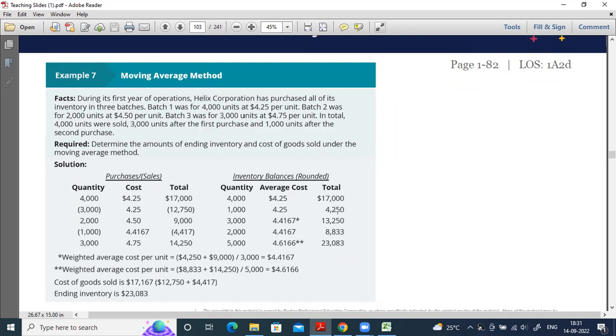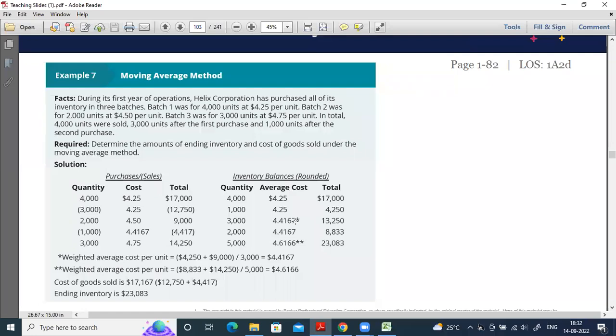In simple terms, the logic is units plus units, amount plus amount. So 1,000 plus 2,000, 3,000; 4,250 plus 9,000, 13,250. Now 13,250 divided by 3,000, you will get a weighted average, moving average of 4.4167.